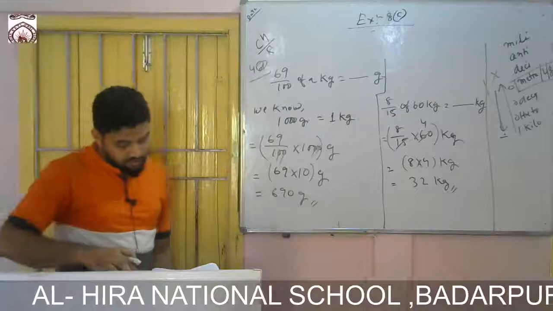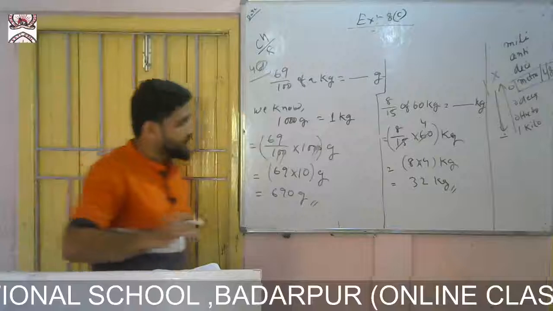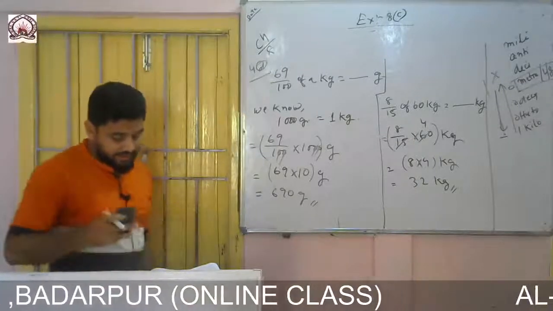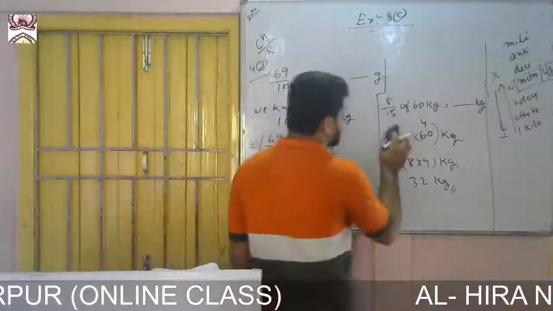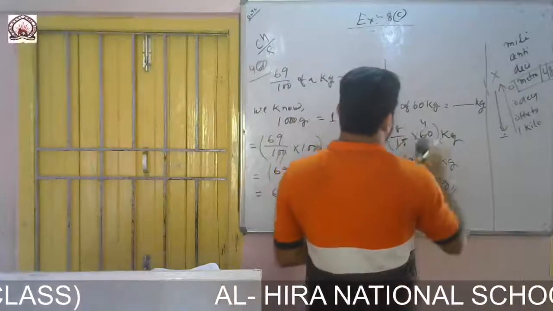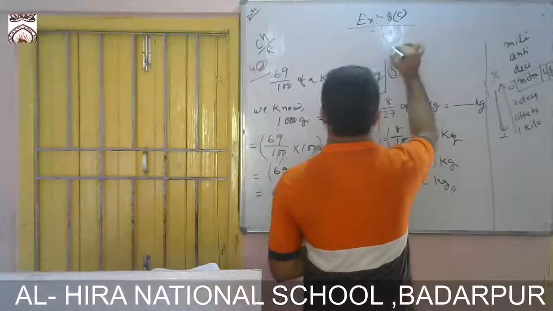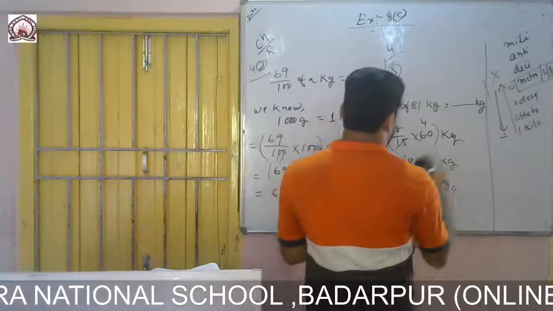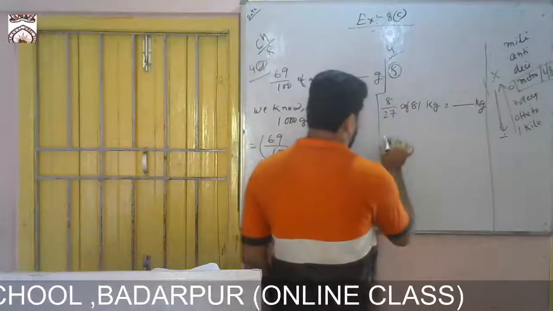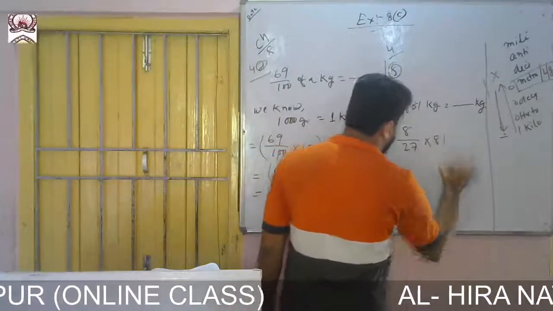So next which question? Next, okay, next F left. F, let me show. That is same. 8 by 27 into 81. 4F, how much kg? No need of converting the units. All are same. So 8 by 27 into 81.